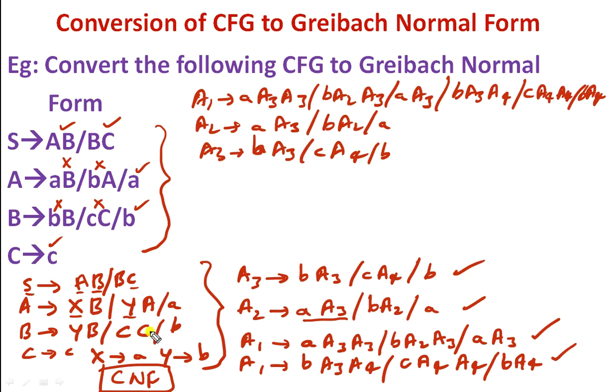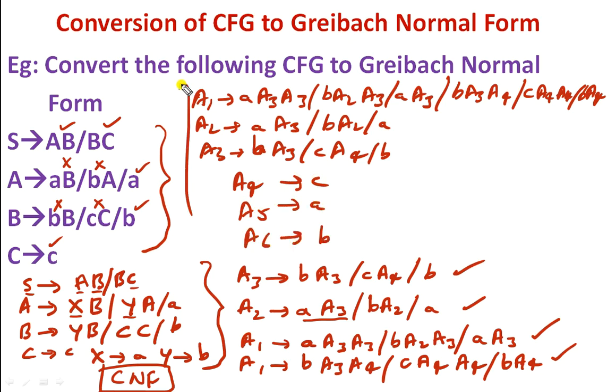Next, in addition to them, there are some production rules we need to consider. So what are they? Here C means A4. A4 generates c. X means A5. A5 generates a. Y means A6. A6 generates b.